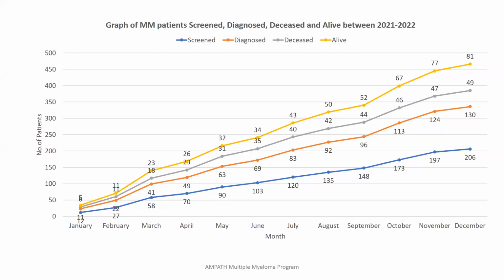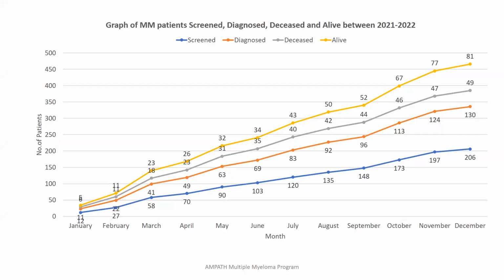Unfortunately, of those alive at the end of 2022, there were 81, and those who are deceased were 49. So we are talking about a little bit more than 50% mortality. Those are the questions we are asking ourselves.